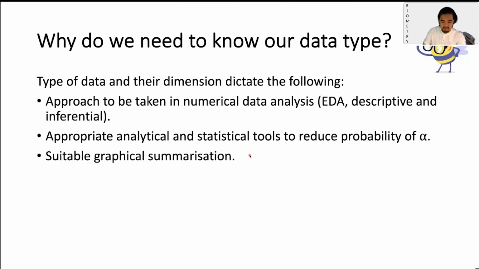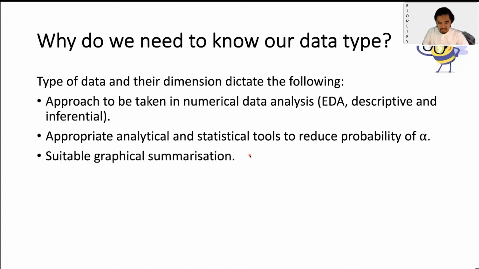For example, for EDA, the exploratory data analysis, there are different types of analysis or tools that you could use to understand the character of your data. The same goes for descriptive analysis, where you want to know whether you need to use the median or the mean, or what kind of representation is appropriate for your data.